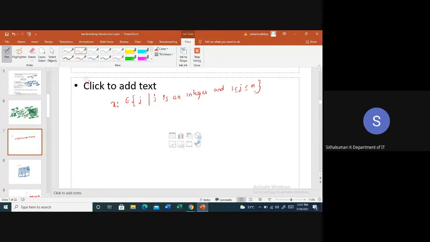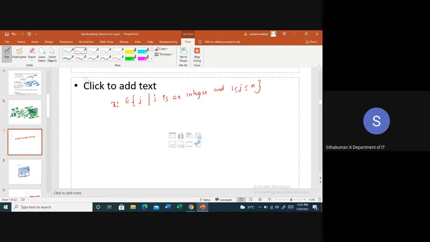Now, what is the implicit constraint? Implicit constraints are that no two should be the same, and the sum of wi's should be equal to m. That is an implicit constraint.